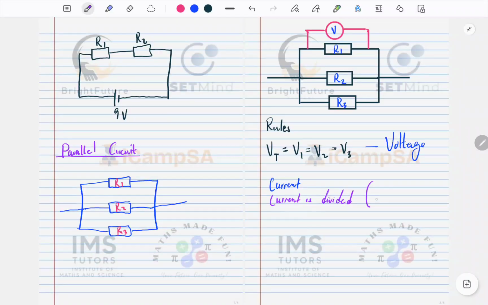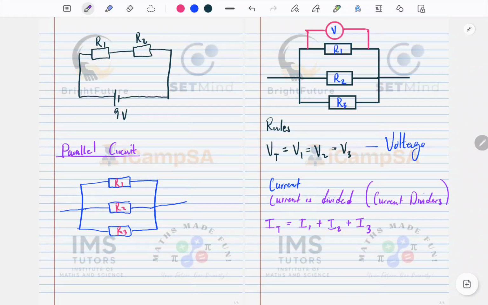So here we can say current divider for a parallel circuit. In a form we can say IT equals I1 plus I2 plus I3, because it's divided.